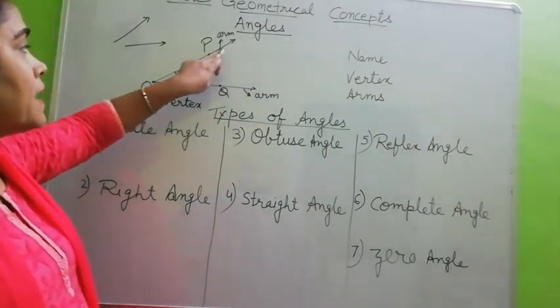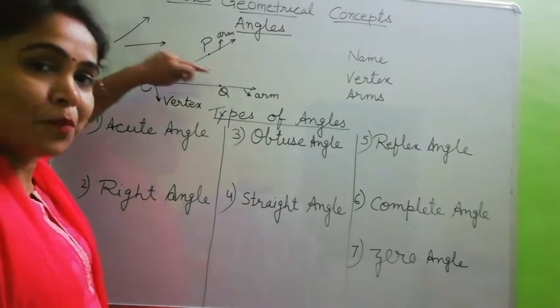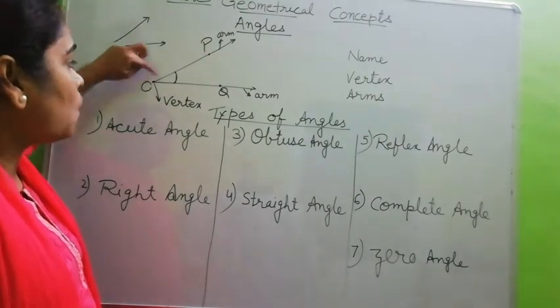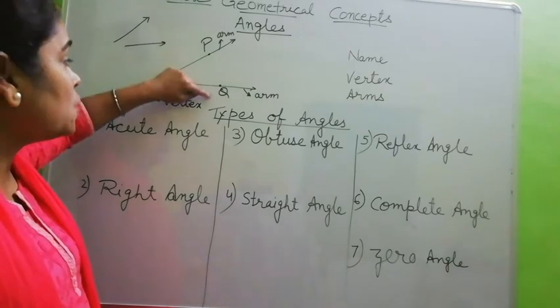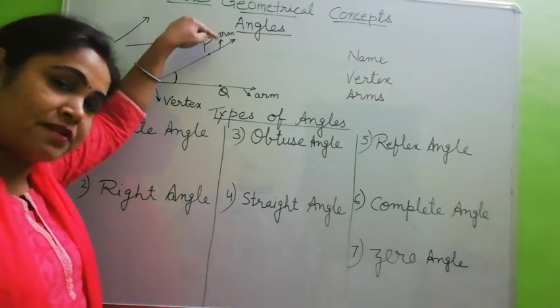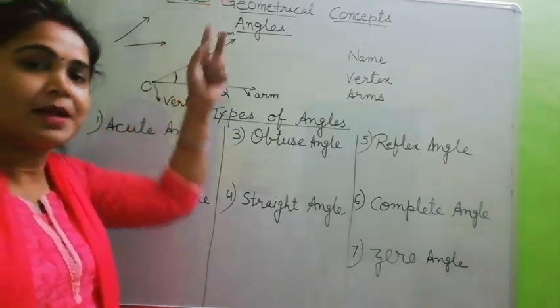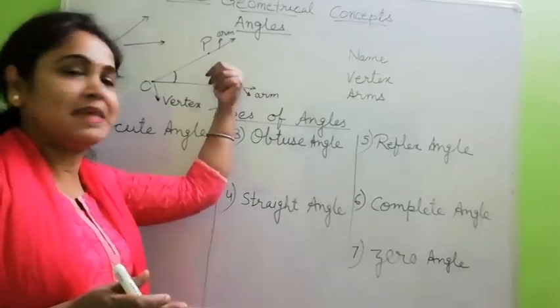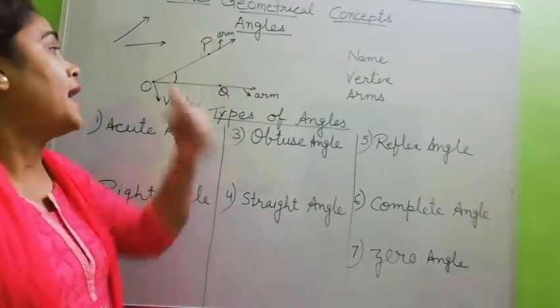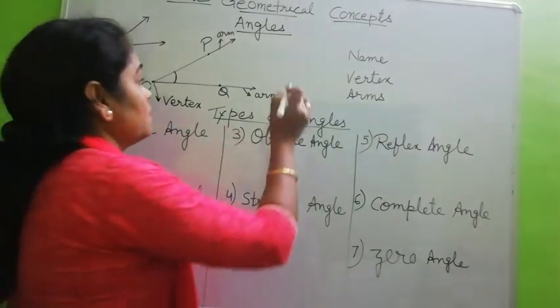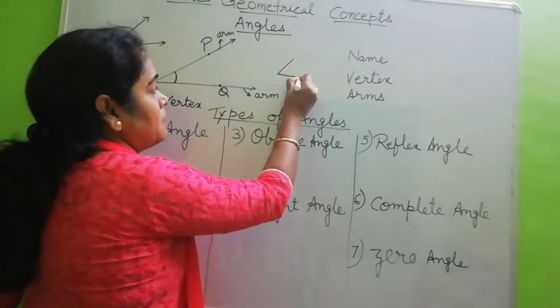We can name the angle by reading these three points: POQ or QOP. In the opposite direction also you can read, in any direction you can read. Both will denote the same angle. And we denote the sign of angle by this sign.